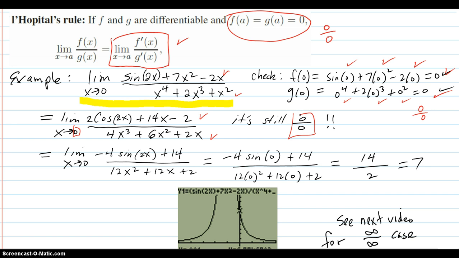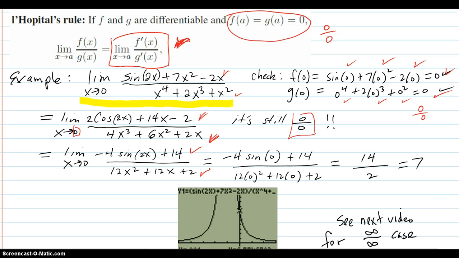So we just apply L'Hopital's rule again, because now we're up here at this case, and we just start over with two new functions. That's a 0 over 0 case. So we take the derivative of this first numerator, and we get this, and the derivative of the denominator, and you get this.